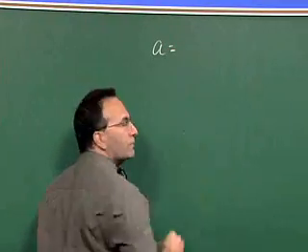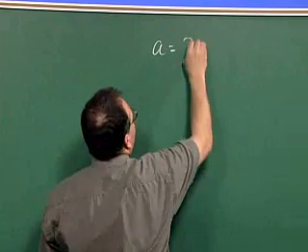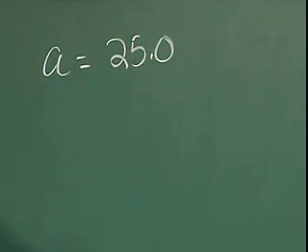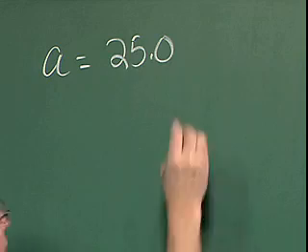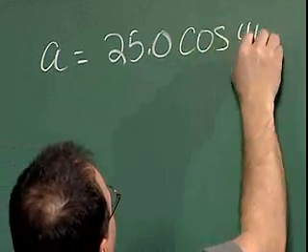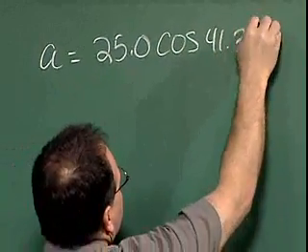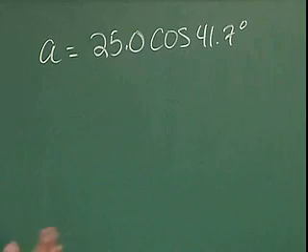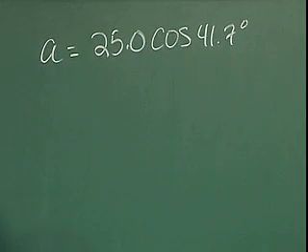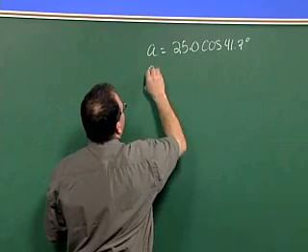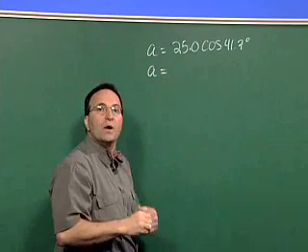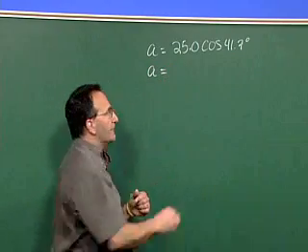component. So we use our formulas that tell us that the horizontal component A is equal to the magnitude 25.0 times the cosine of the angle. So cosine of 41.7. We multiply that out and we'll find that A is equal to 18.7.